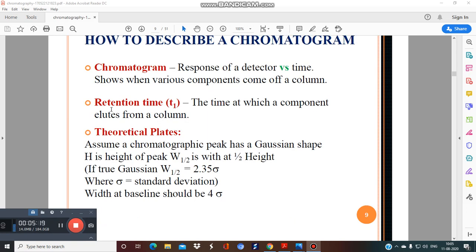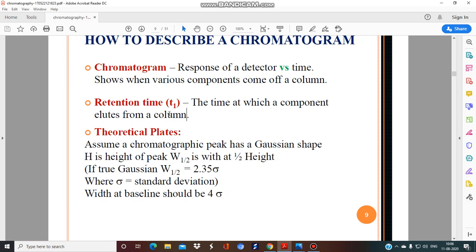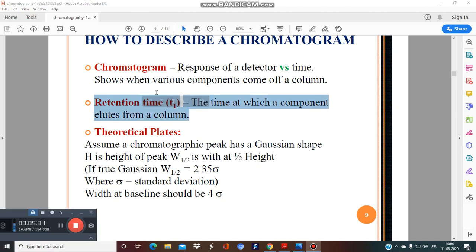There is one term that will be frequently used, that is retention time. Retention time means the time at which the component elutes from a column. Particularly, this is said in the case of column chromatography, because there are different types of chromatography techniques. We will go through them one by one, because in gas chromatography there is retention time. In the case of TLC, there is a retardation factor, and we can calculate the Rf value. So we will cover it one by one.